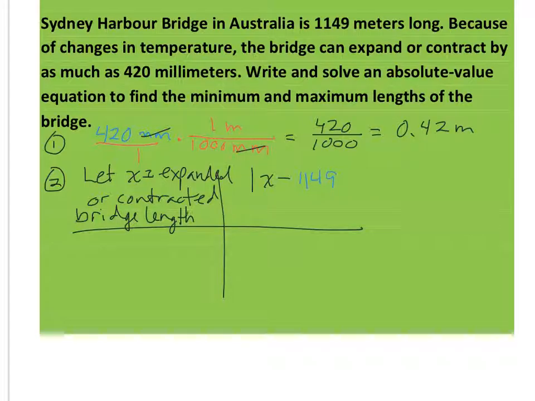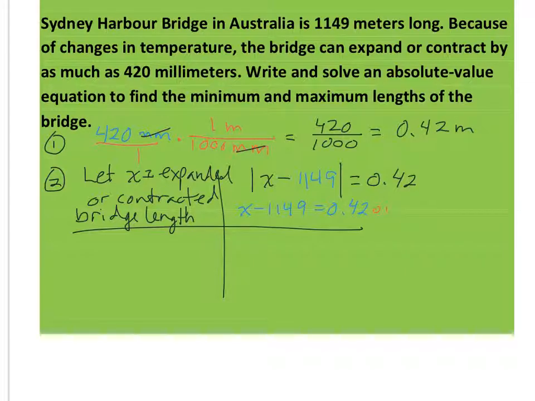So you always put the midpoint, the mid amount, here inside the absolute value signs subtracted from x. And then you're going to set it equal to the change in that bridge length, which is 0.42 meters. So then we're going to solve to find the maximum and minimum lengths. So we're going to set up our two equations. So drop the absolute values, x minus 1149, and write it exactly as it looks.